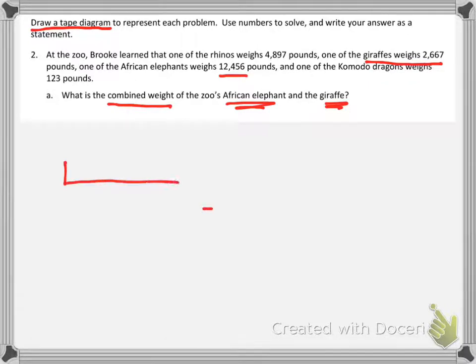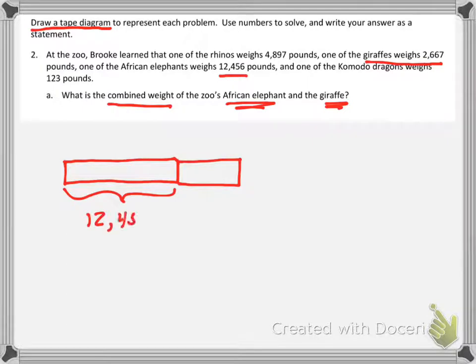So here is one piece of our tape, and here's another piece. And we're going to say this piece represents the African elephant, which is 12,456. And this piece is going to represent the giraffe, which is 2,667.